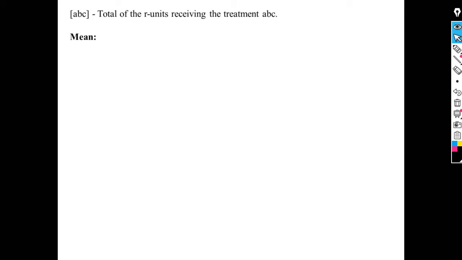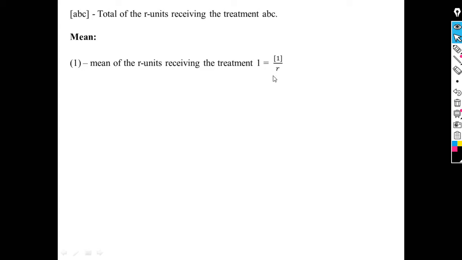Next are the notations for means of treatment combinations. When we denote any treatment combination in open brackets, it represents the mean for that treatment combination. This open bracket 1 represents the mean of the r units receiving the treatment 1. And how do we find this? It is the total for treatment combination 1 upon the number of observations of treatment 1.